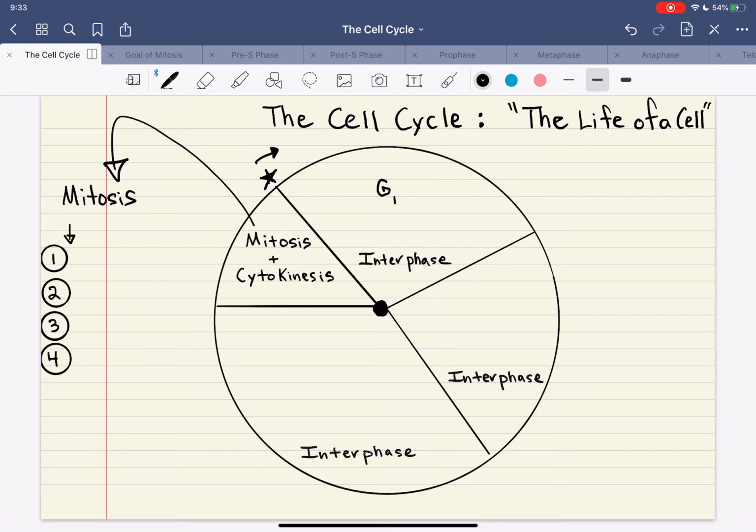And then after that, the second part of interphase is a very important subphase called S phase. And it's during S phase that the cell takes each and every one of its chromosomes and duplicates them.